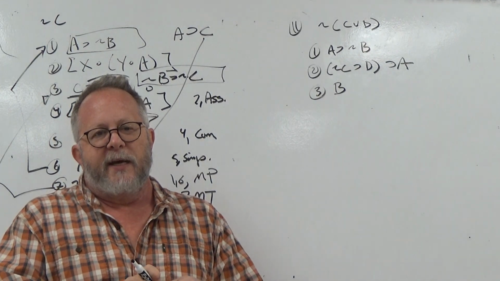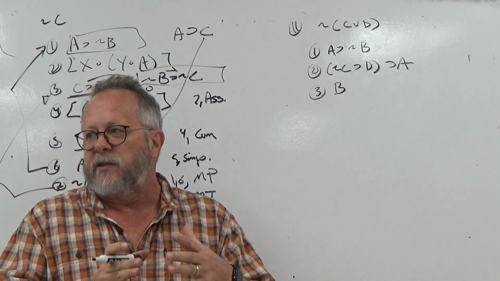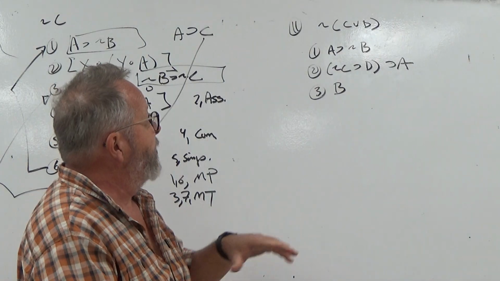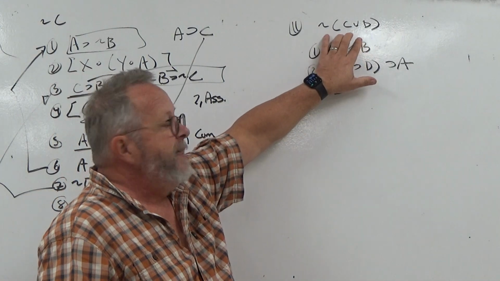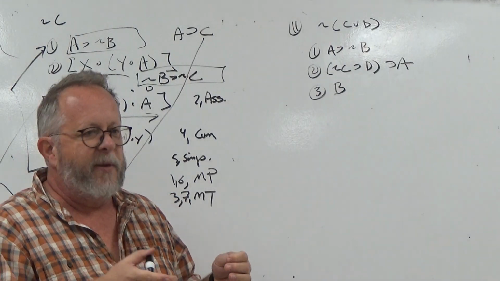So some of the time you can just follow a hunch and it's gonna work out, okay? And so look, I need one of these and I don't see it anywhere in the premises. I don't see its opposite, and so on.